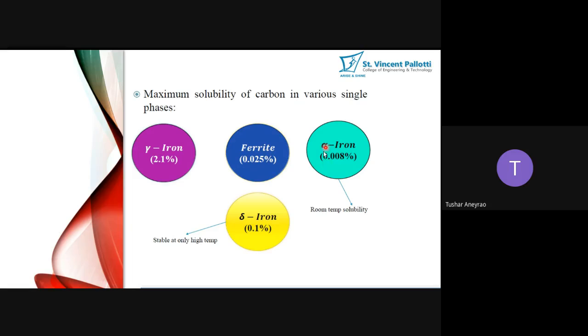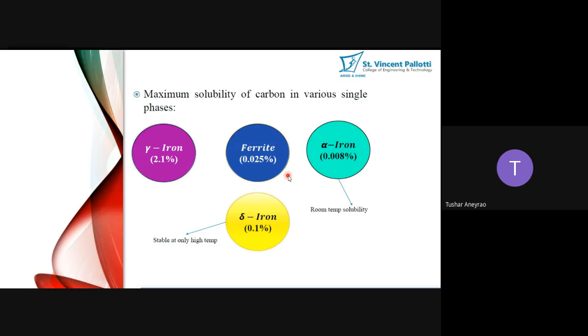Okay, then alpha iron, sorry, this ferrite is alpha ferrite, and this alpha iron is different. Alpha iron is the pure alpha iron, which is having less than 0.008 percentage of carbon. These percentages are very much important to you.